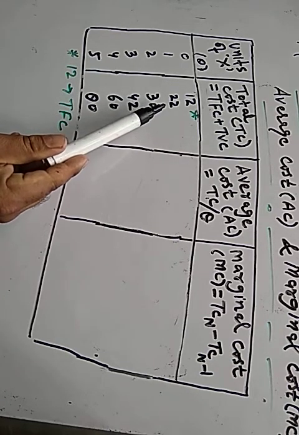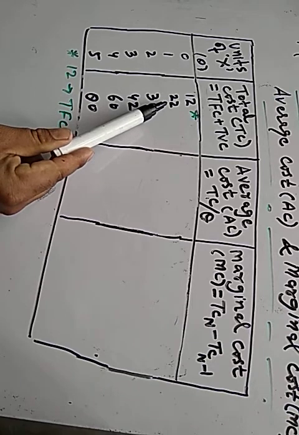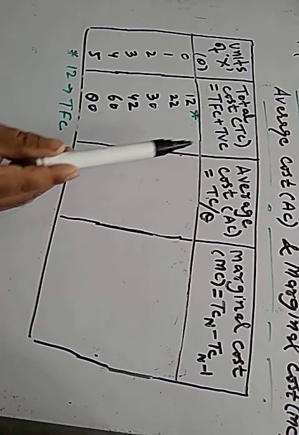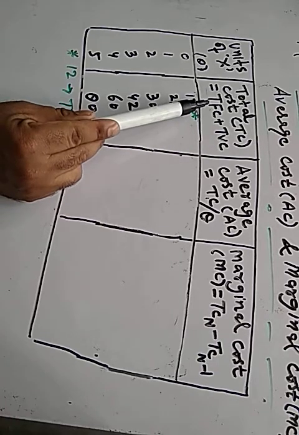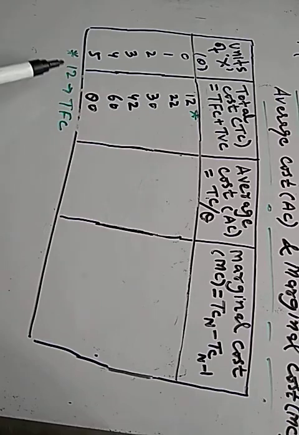The total cost will increase with the increase in total variable cost, since this fixed cost will remain the same, 12, for all units.